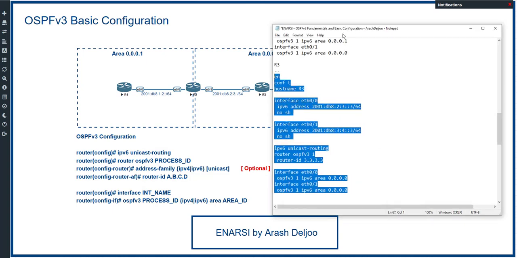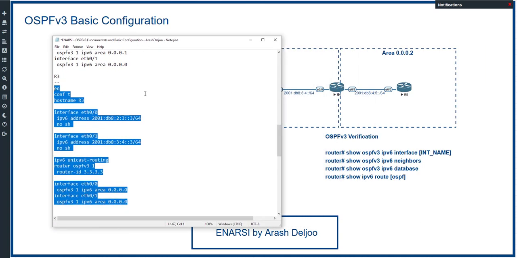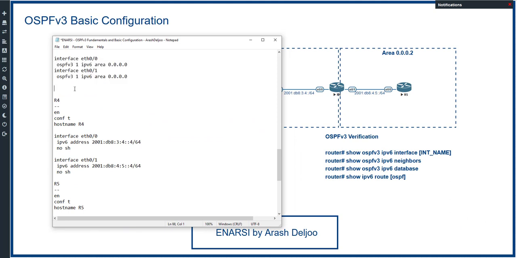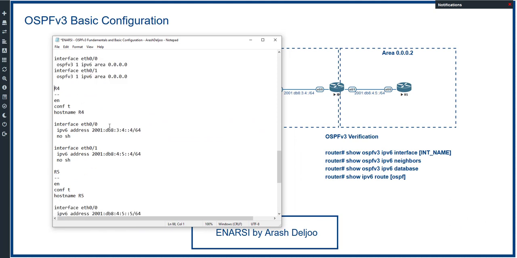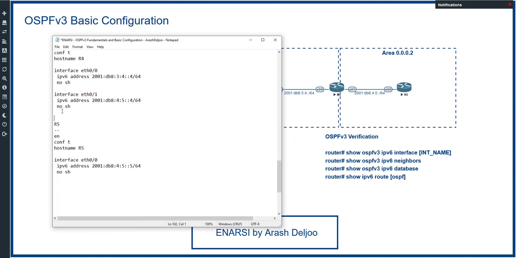This is the router 4. Look at here. In the router 4, we need to configure similar commands. Starting from the router 4 here, IPv6 unicast routing, the first command, then router OSPFv3 1, then router ID quad 4, this is ABR.